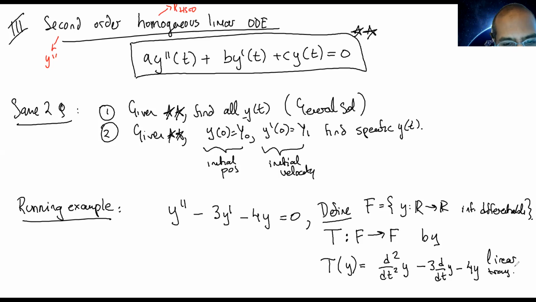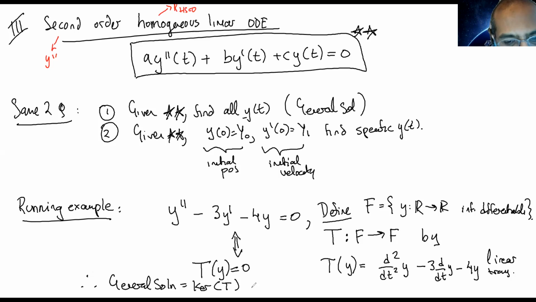So now when I define this, this equation is literally the equation T of y equals 0. I'm just looking for the functions y, which are vectors in F, which get mapped to 0 by this linear transformation. So this is kind of cool. What this means is the general solution is just the kernel of this linear transformation T. So let that sink in for a moment.